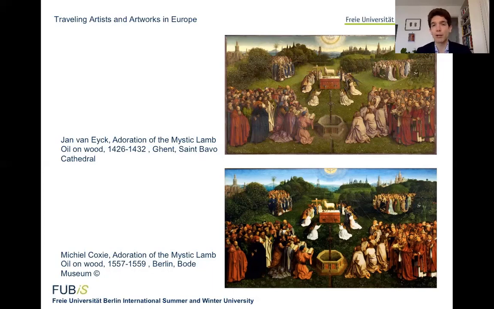From its very completion in the first half of the 15th century, the Ghent Altarpiece was a very admired object. And here, for example, you can see a copy of the Adoration of the Mystic Lamb made in the second half of the 16th century for the King of Spain, Philip II.